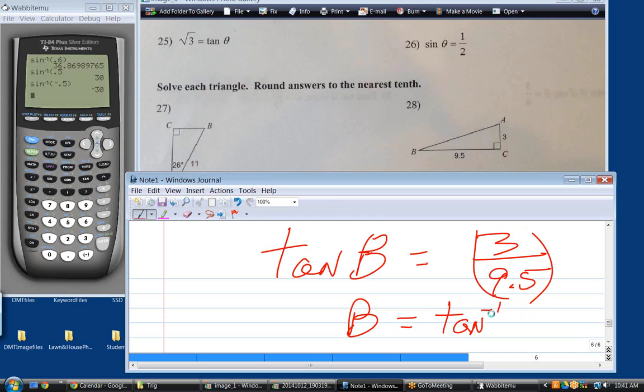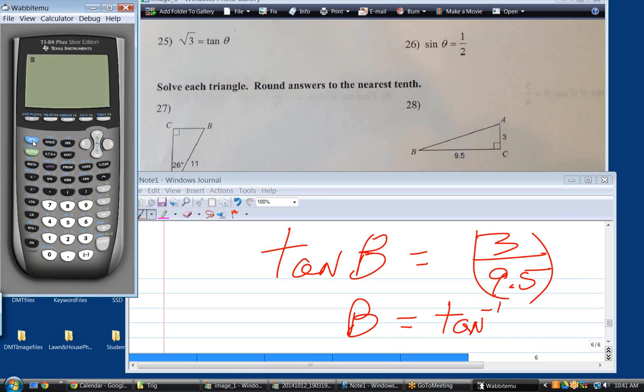And the way I would do that on this calculator is second, inverse tan, and then 3 divided by 9.5, end paren. Whoops. Something didn't happen there, right? Oh, I do that every time.